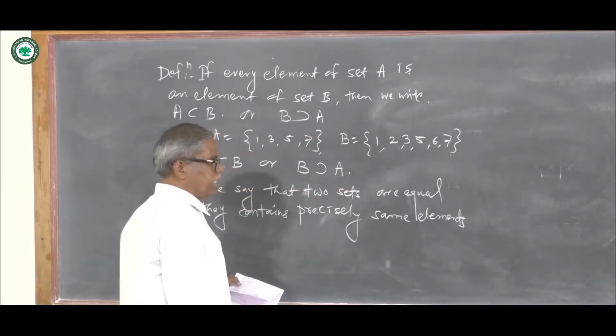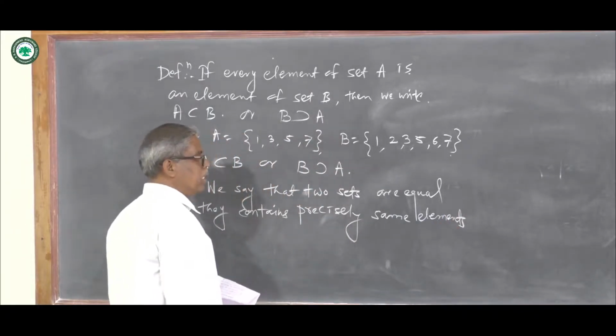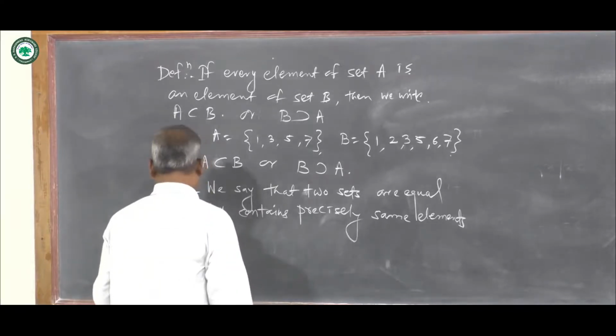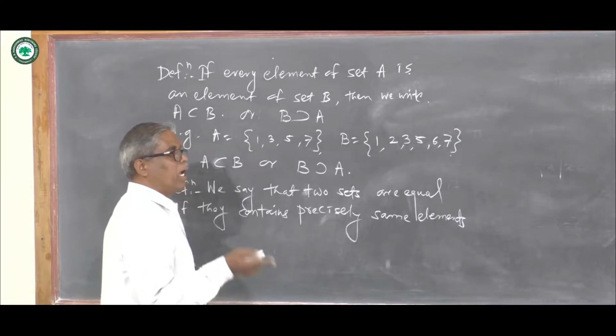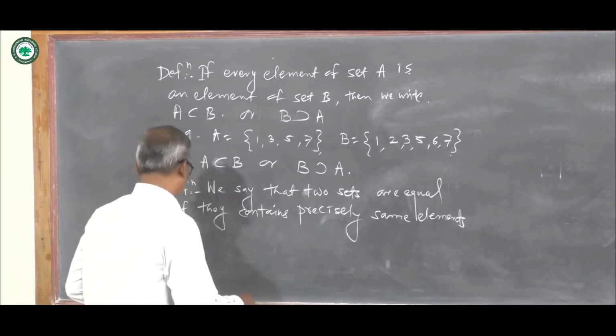And we write A is equal to B. A is equal to B if and only if A is a subset of B and B is a subset of A.